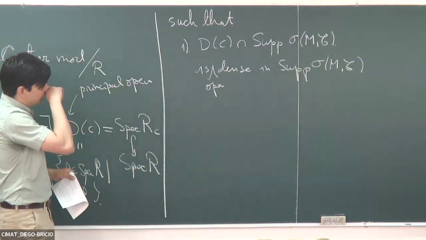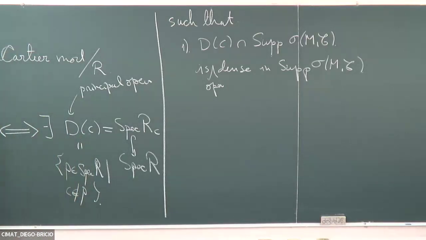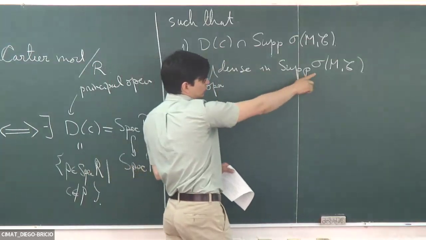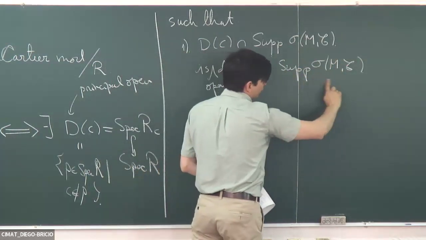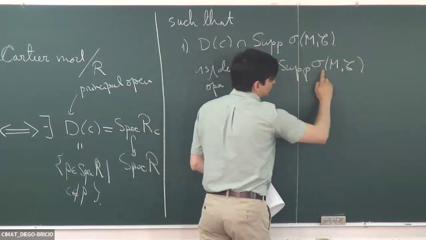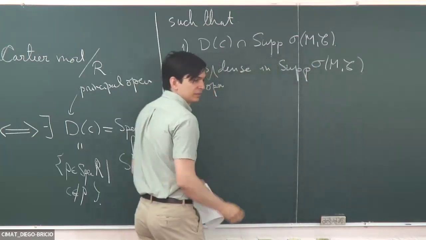Okay, so let's just do this. And so what does it mean to be dense? It means essentially that you have to contain all the generic points of that closed subset. Or that c avoids all minimal points of this closed subset, meaning that it avoids the minimal primes of the annihilator of this ideal. Okay?